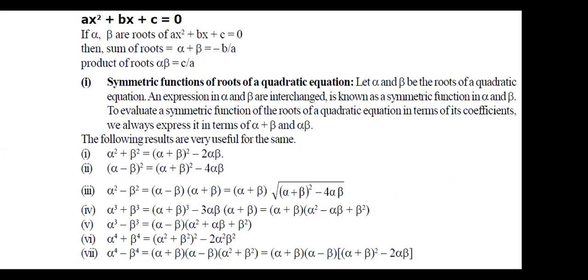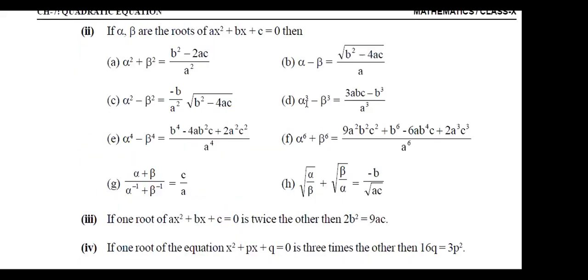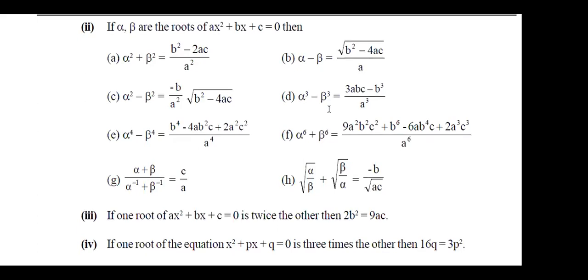Let's try to solve some problems based on this. So these are some more shortcut concepts. You can directly use them, or you can just derive them, it doesn't matter.